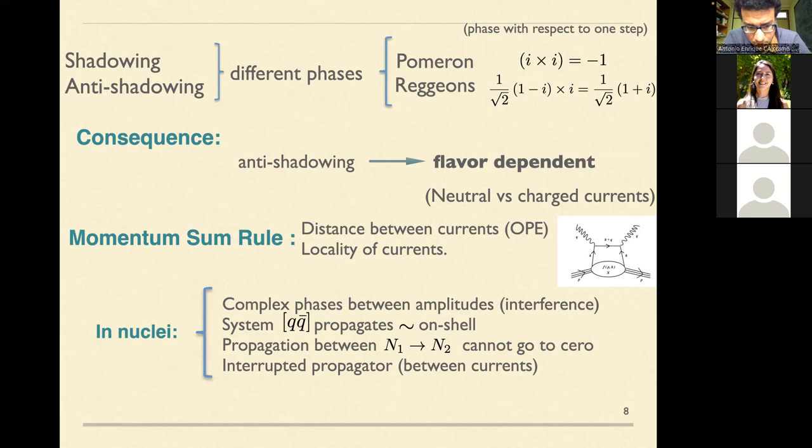And then it means that the operator product expansion is no longer valid. Even the two nucleons are separated, so you cannot put the two currents very close. So you cannot have a locality of currents, and it's clear that the momentum sum rule is violated. You don't have a momentum sum rule in this case.